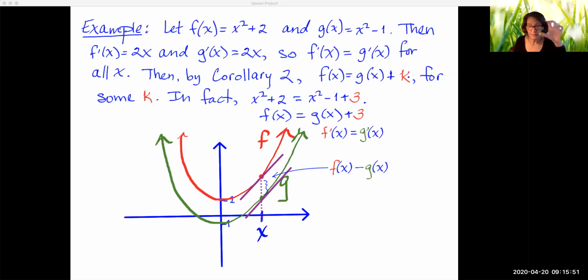The y-coordinate on f minus the y-coordinate on g, and that's positive 3, the gap. And the gap is the same all along the curves. The gap should just be 3 everywhere.